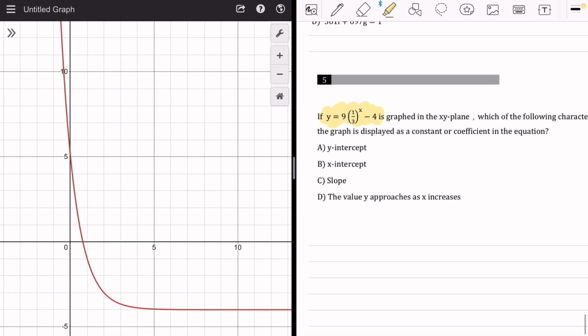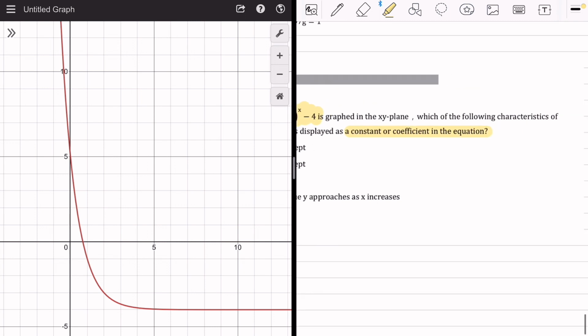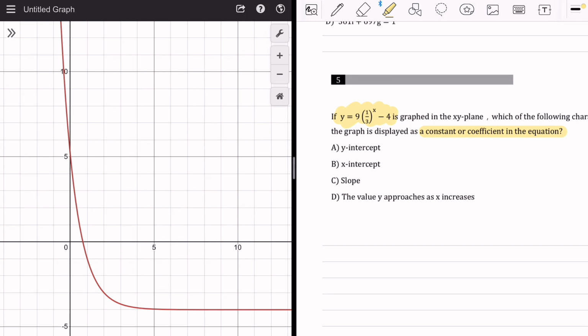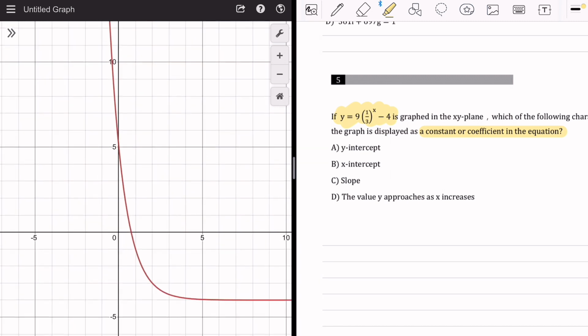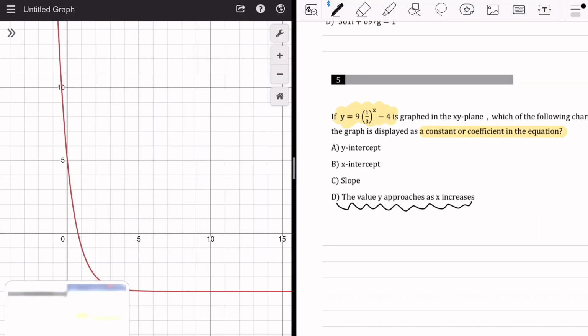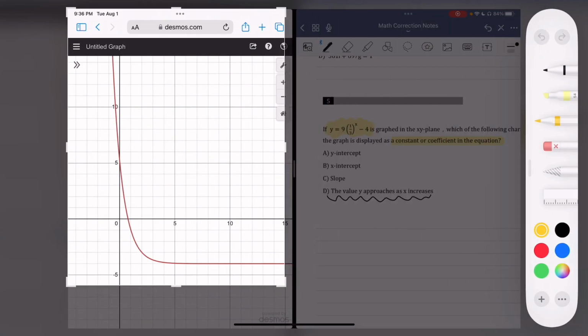The question is asking us about a constant or coefficient in the equation. So what is constant in the graph? The y-intercept, x-intercept, and slope all change with the value of x. But choice D, the value y approaches as x increases, is basically suggesting the limit of this number.